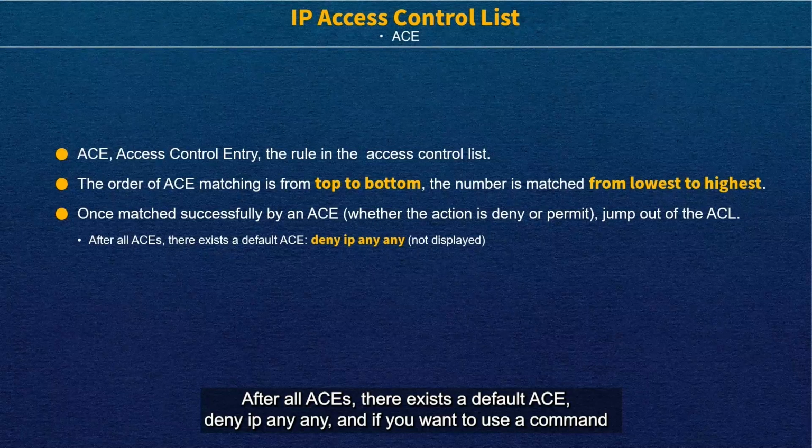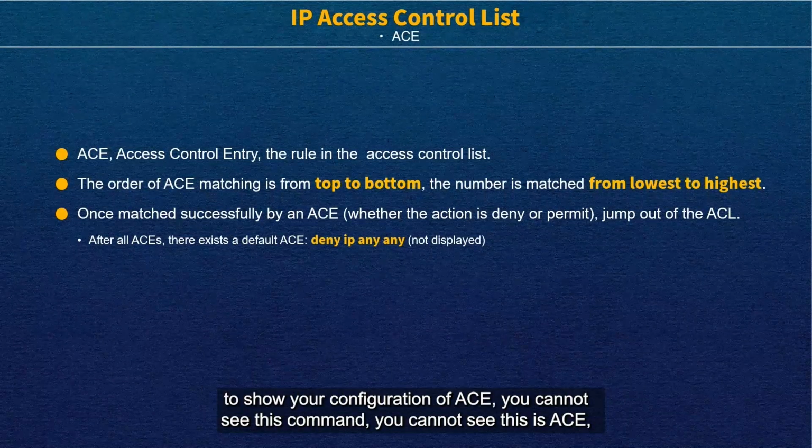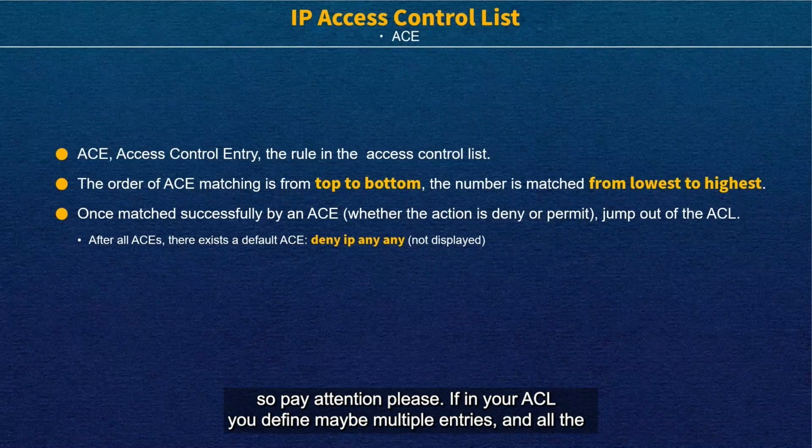After all the ACEs, there exists a default ACE, deny IP any, and if you use a command to show your ACE configuration, you cannot see this ACE. So pay attention, please.